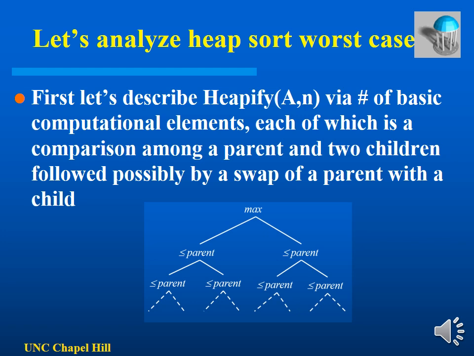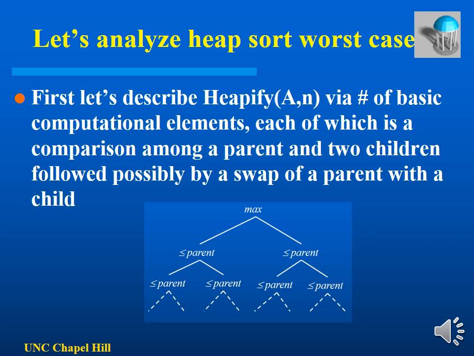For each one of them, we're going to do this basic computational step. We compare the parent with its two children, and we want to get the heap property. We find the larger of the three, and we swap it with that child. Of course, if there was no swap necessary, then we already have the heap property.